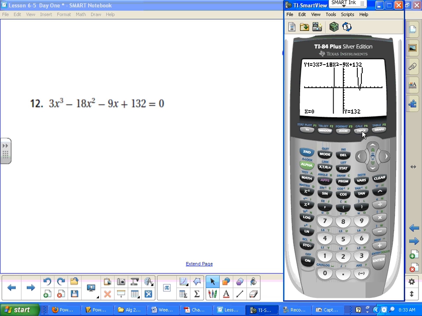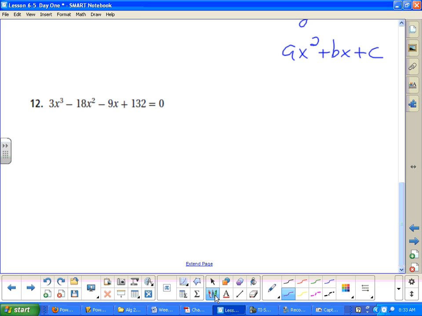All right, so I've hit trace and 4, to see if there's 1 there. Yes, there is. Or I could go to my table, and I can see that there's a 0 at 4. So we have 1 zero at 4, and we need to find the other 2.